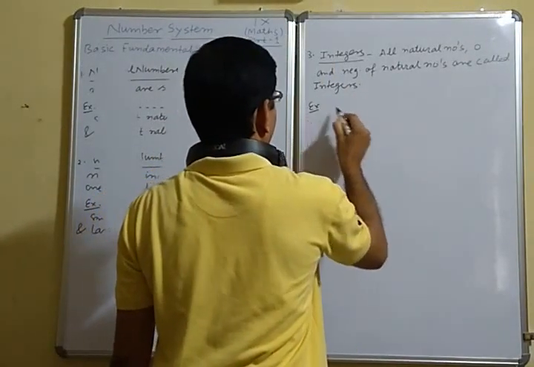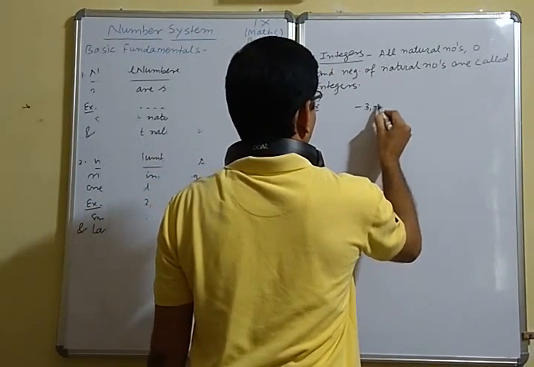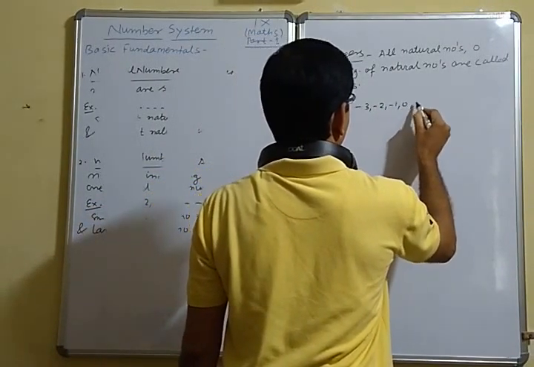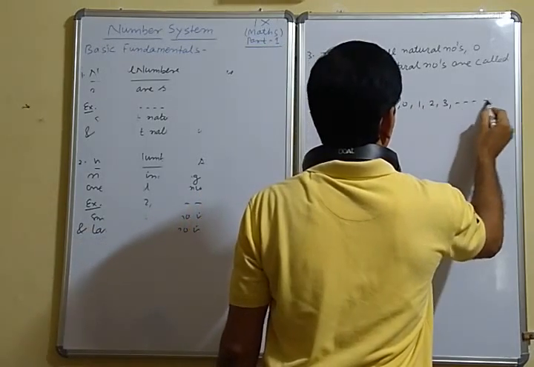For example, -3, -2, -1, 0, 1, 2, 3 and so on.